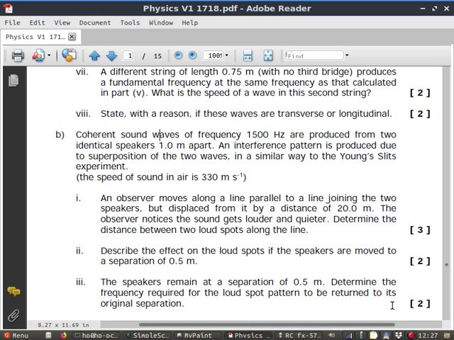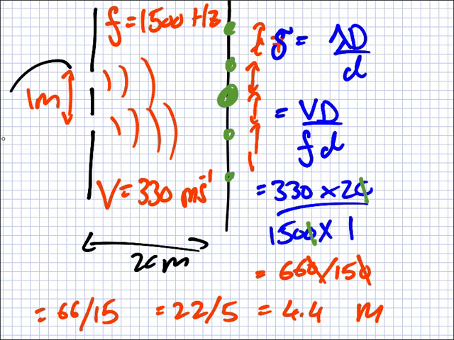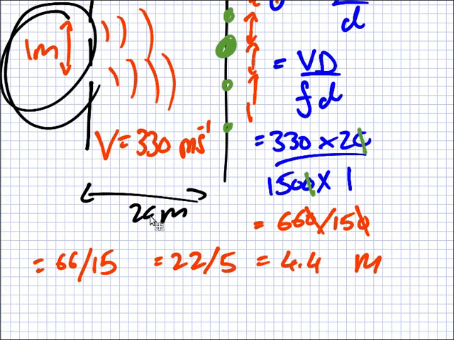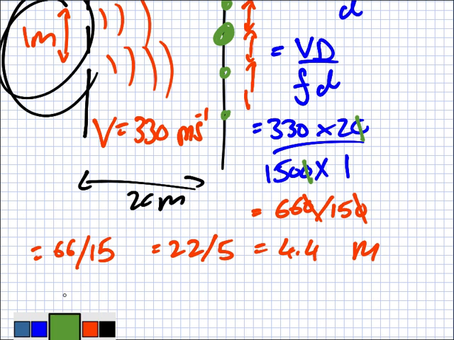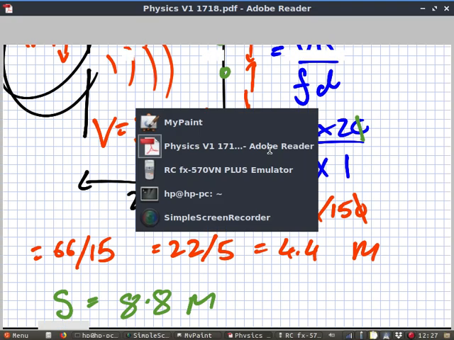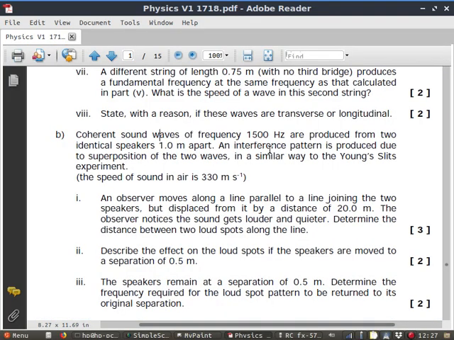What happens if the d becomes 0.5? Wait a second. This d here. If it becomes 0.75, what happens to the S? S becomes bigger, becomes 8.8 meters. Doubles. And if the speakers are 0.5, what is the frequency?